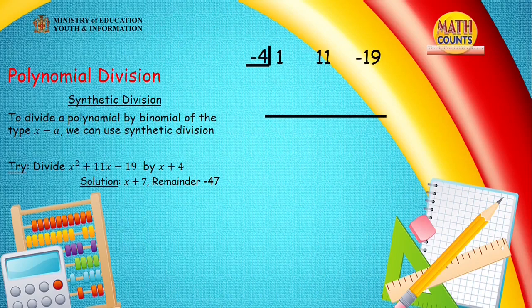You start by writing the x squared coefficient at the bottom. Bring down the first coefficient. Simple enough. And then we're going to multiply negative 4 times 1. And when we multiply that, we get negative 4.